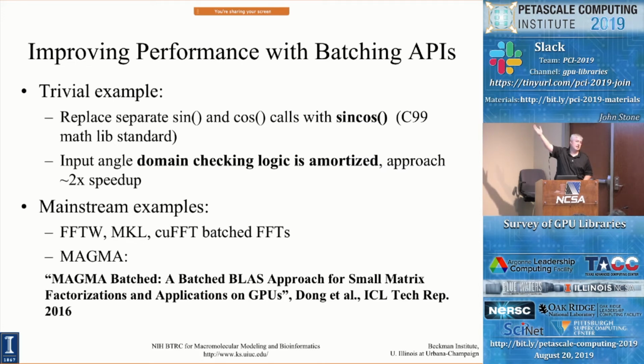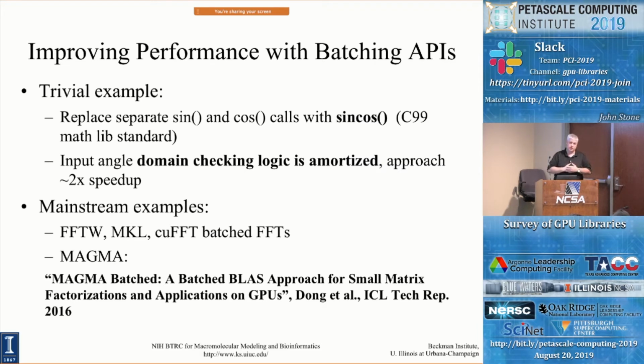Now, Intel has taken that to the extreme, and in their Math Kernel Library they have vector versions of all the basic functions. So you can do something like sine or cosine or sincos, and you can send in a 10,000 element vector and do them all at once. If you have a big enough need for something like that, that's something you can do. In the case of NVIDIA, if you're computing huge numbers of random numbers, they have random number generators that are batched.